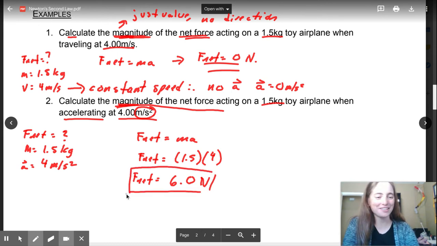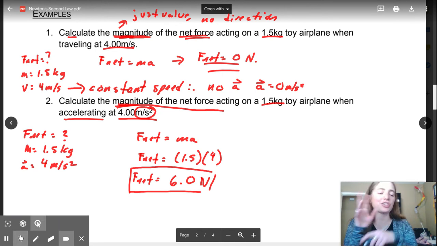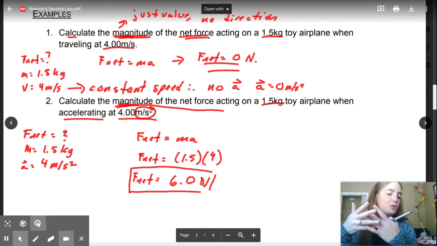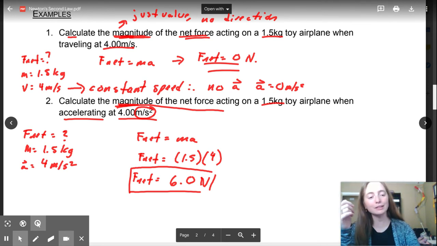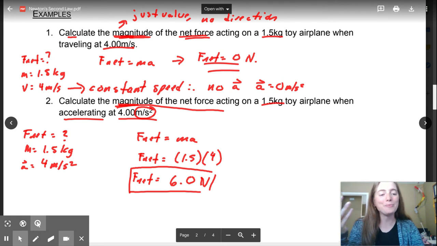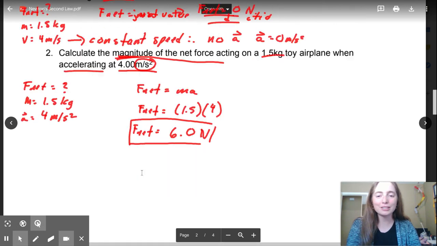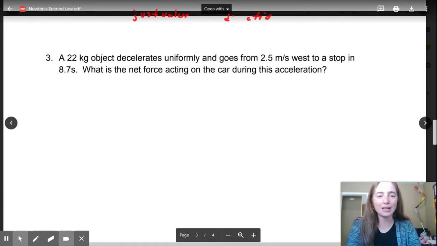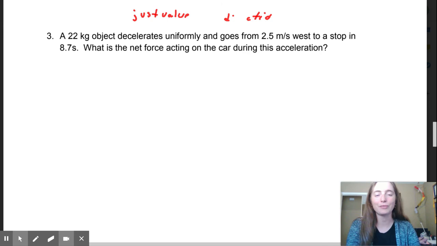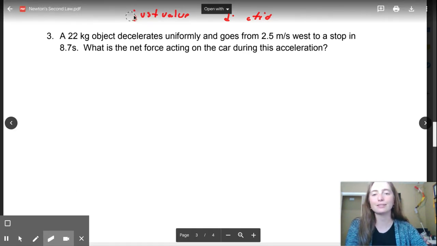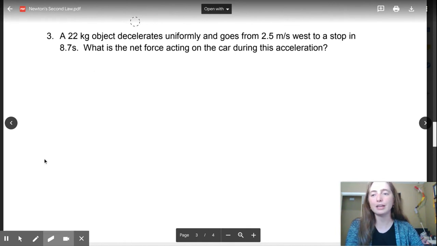Sounds good? All right. So those two questions are a nice warm up to get you used to the concept of when you're going to have an F net and when you're not. All right. Okay. So let's go and look at some next questions here. And some of these letters traveled down into the next page.